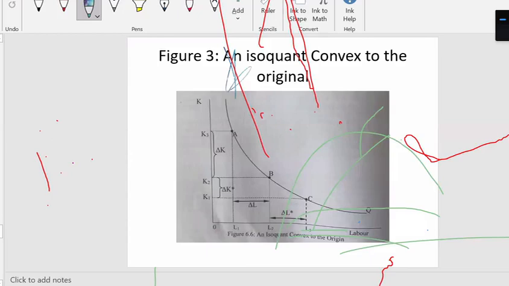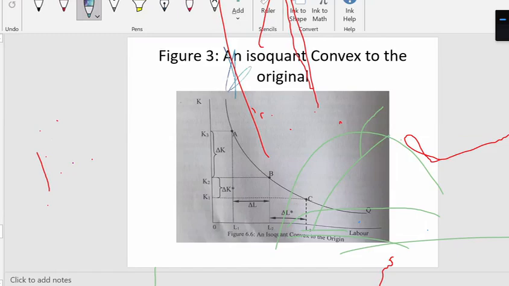For example, labda tuseme magunia ya unga. Labda tuseme wheat flour, sawa? This Q1 is the isoquant representing wheat flour production, right? But in order to produce wheat flour, you need to employ labor, and then also you need to have capital, two combinations of factor input.